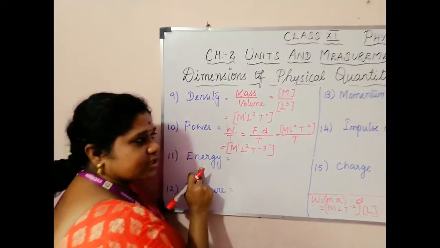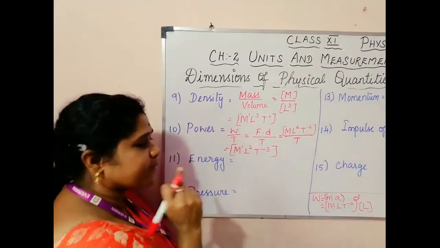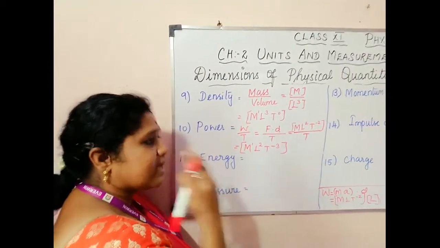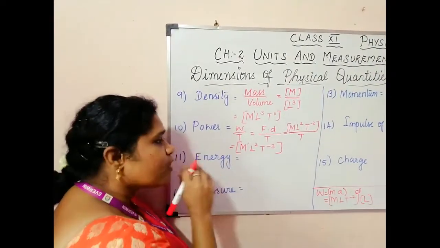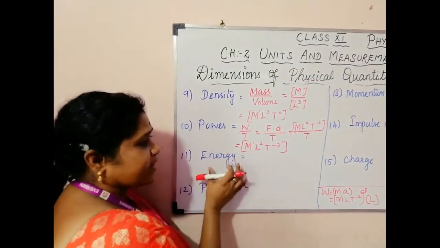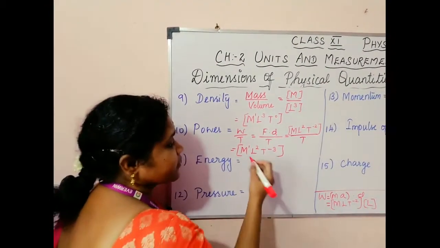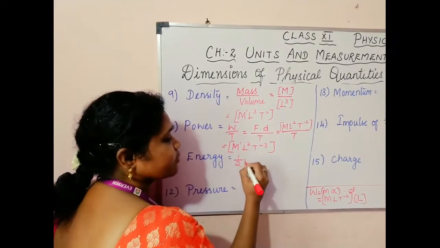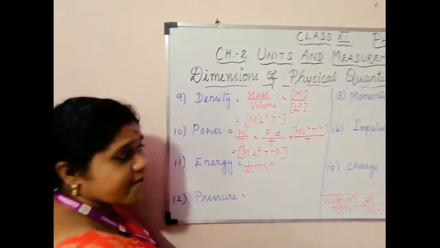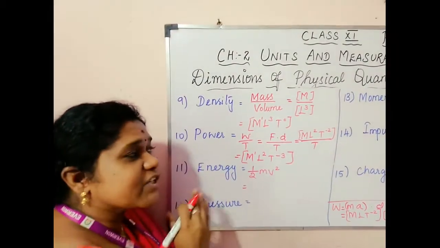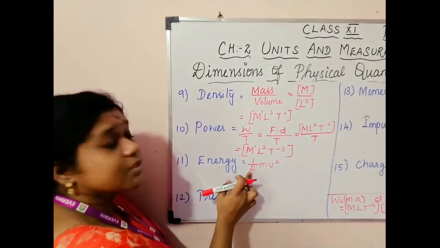And energy. All types of energies, we have potential energy, kinetic energy, mechanical energy, light energy, electrical energy, all have the same dimensional formula. So any one energy you can take. For example, half mv square, if I take kinetic energy. This half is a dimensionless quantity because it is a constant value.